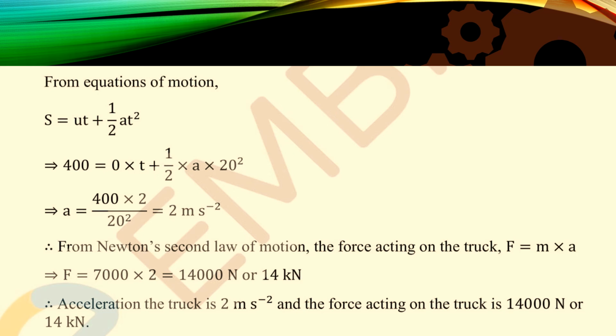Now we have to find the force. You know that force F is equal to mass into acceleration. Mass is already given in the question and acceleration we got as 2 meter per second square. While substituting these two values, we will get the force equals 14,000 Newton. So the acceleration of the truck is 2 meter per second square and the force equals 14,000 Newton.